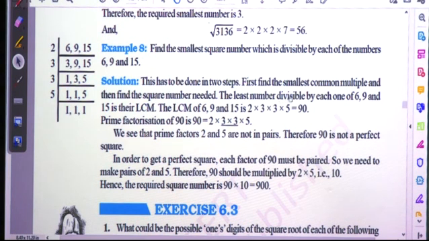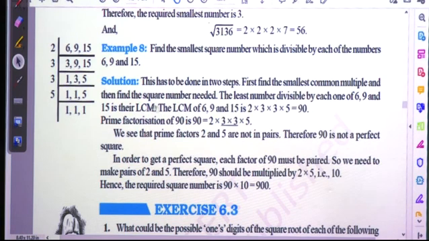The least number divisible by each one of 6, 9 and 15 is their LCM.